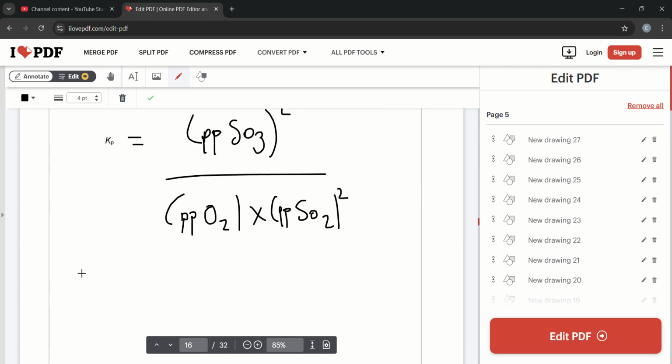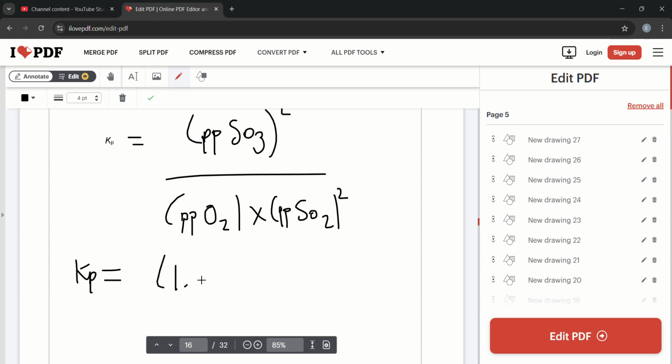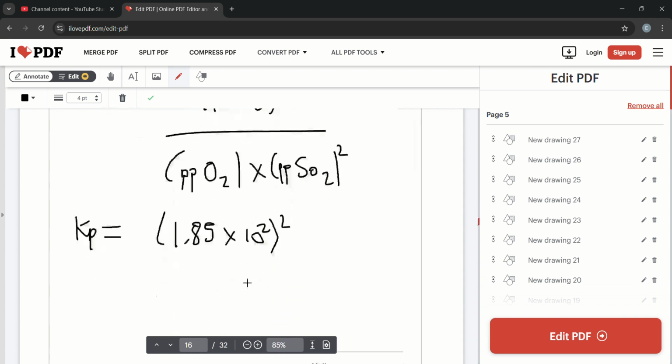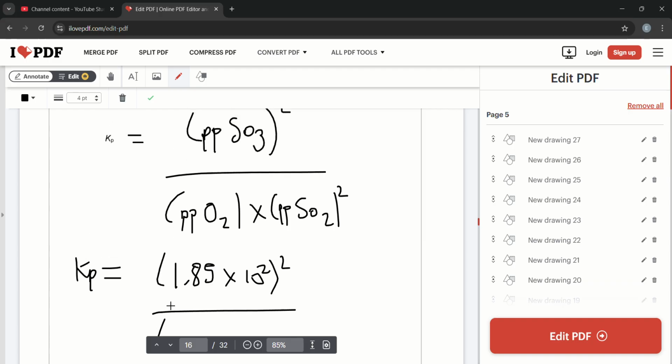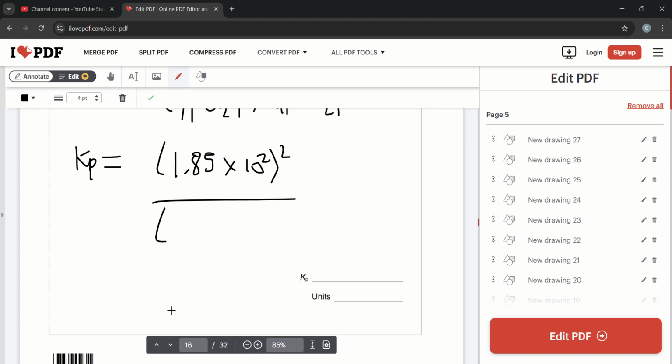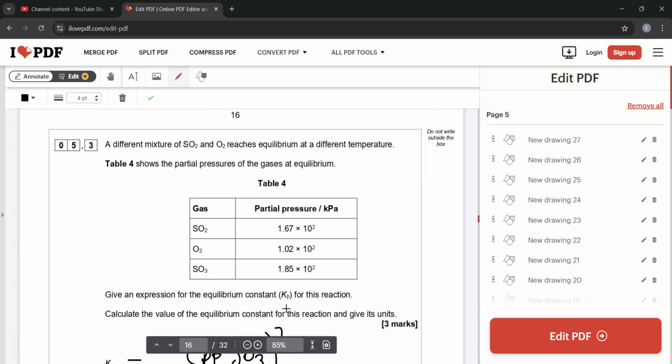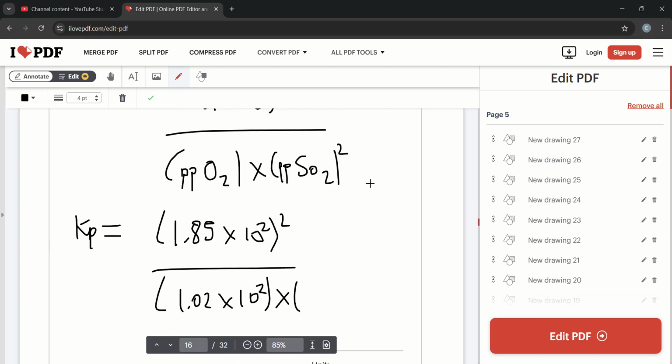Calculate the value of the equilibrium constant. Well, Kp is going to equal 1.85 times 10 to the power of 2, squared, all over, remember, it's not square brackets, it's curly brackets. Kc is square brackets, Kp is curly brackets. 1.02 times 10 to the power of 2 times the SO2 partial pressure squared.